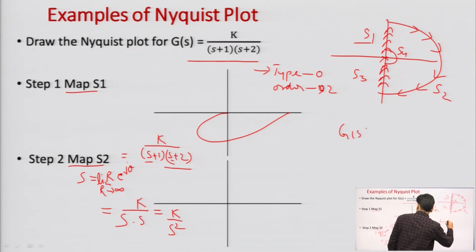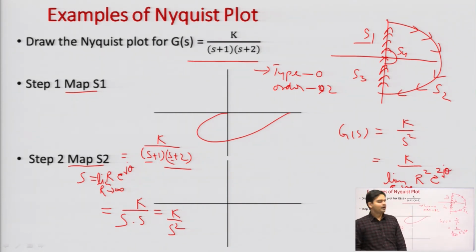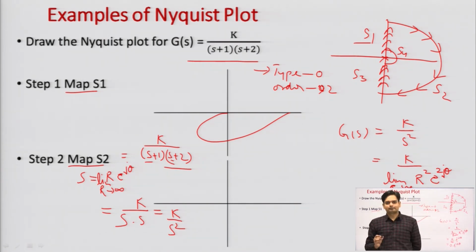Here my G(s) is given by k over s square, equal to k over limit r tends to infinity of r square e^(2j theta). Here r is infinity, so this becomes k over infinity multiplied by e^(minus j 2 theta), or 0 times e^(minus j 2 theta), where 0 is the magnitude.